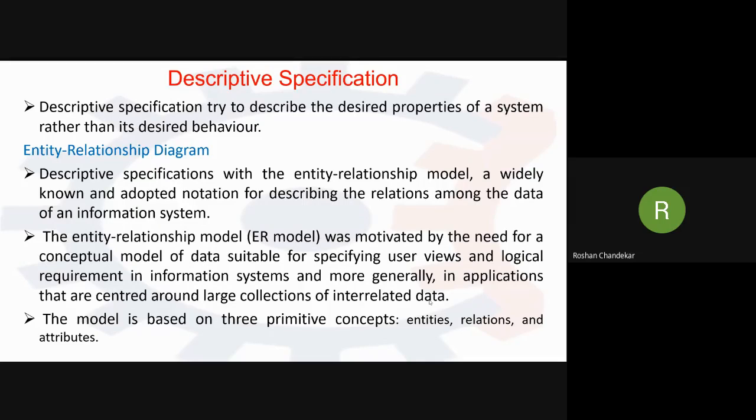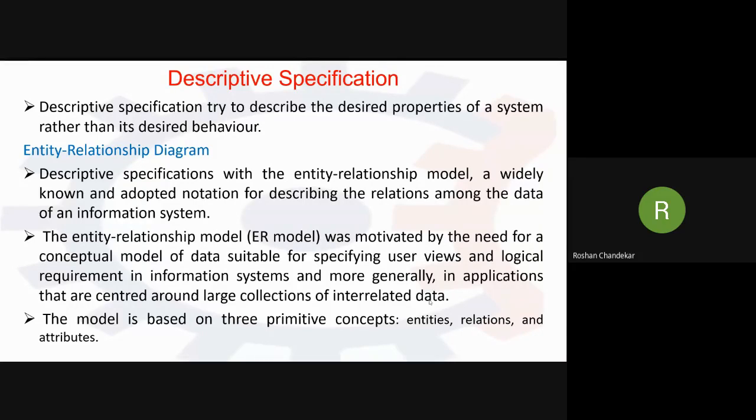we use the entity relationship model, a widely known and adopted notation for describing the relation among the data of an information system. It is one of the most widely used notations for describing a relation between data. How we can relate data, that relation we describe in this entity relationship diagram.